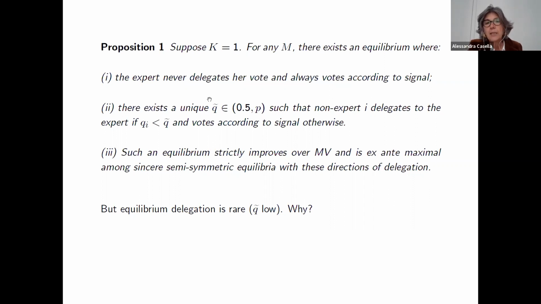And then there exists a unique threshold, Q tilde, strictly between 0.5, the lower bound, and the upper bound of the Q distribution, such that non-expert I delegates to the expert, and never to a non-expert, if the precision is below Q tilde and votes according to signal otherwise. This equilibrium strictly improves over majority voting and is ex ante maximal in the class of equilibria that we are considering: sincere semi-symmetric equilibria with these directions of delegation that I specified.